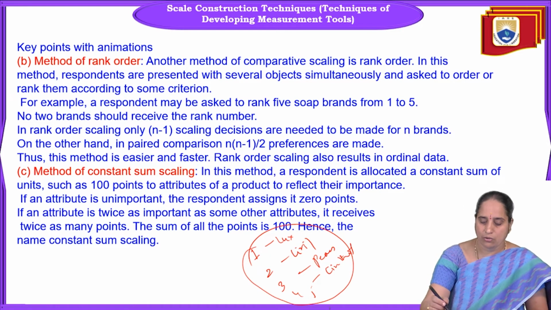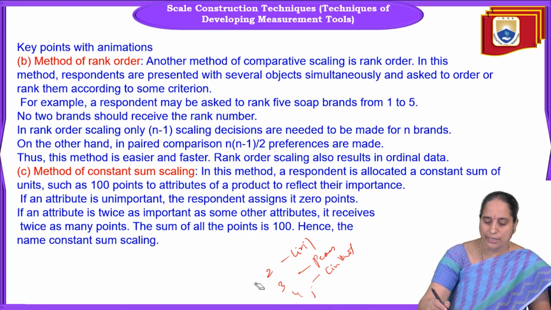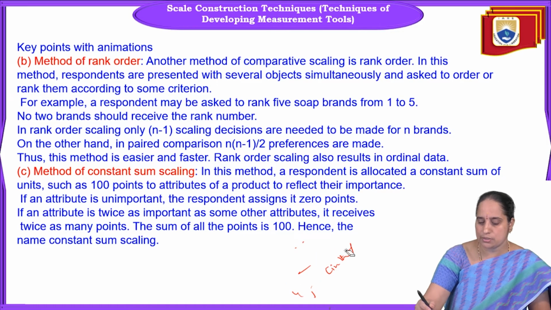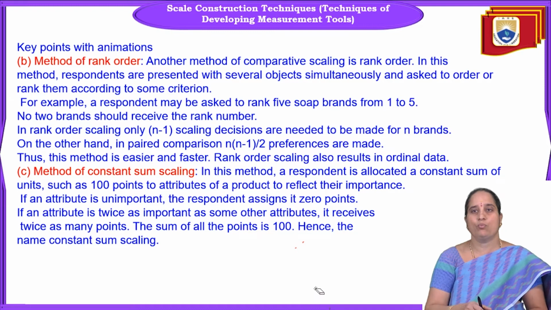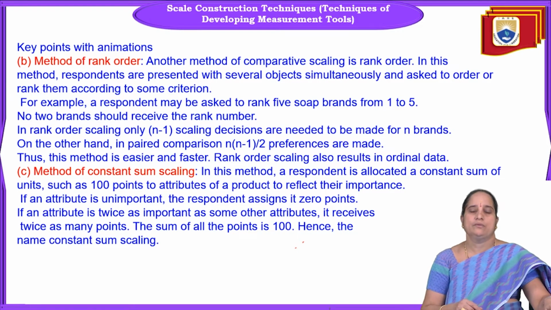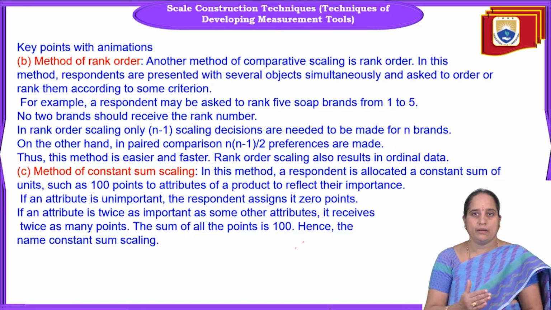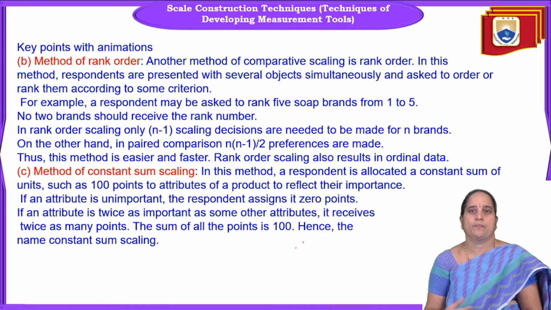So in rank order scaling, only n minus 1 scaling decisions need to be made for n brands. Out of 10 brands, if you assign a particular brand as rank 1, the remaining get the next highest, 9, then 8, like that.